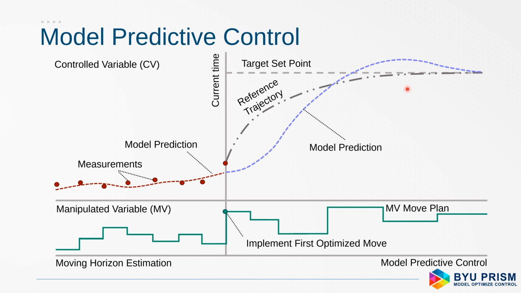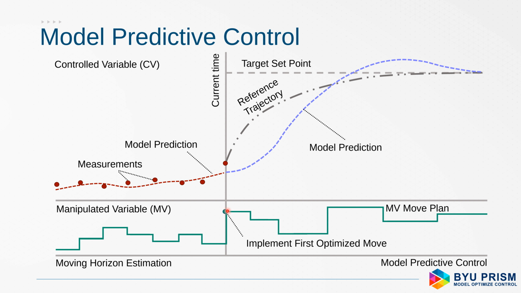When we talk about model predictive control, here's the current time, and we're projecting forward into the future. This is the solution of our equations, whether it be a finite impulse response model, an ARX model, some kind of time series model, or else a physics-based dynamic model. This is the reference trajectory that we want to try to drive to.